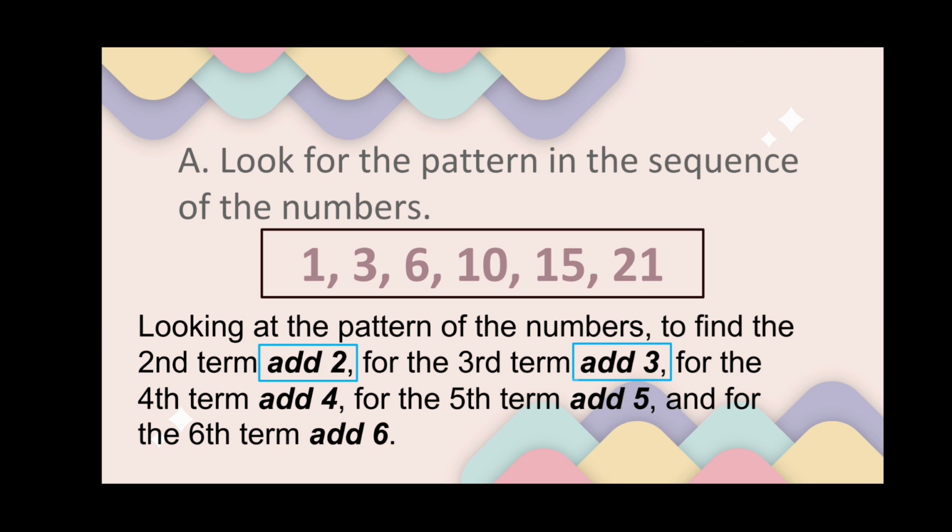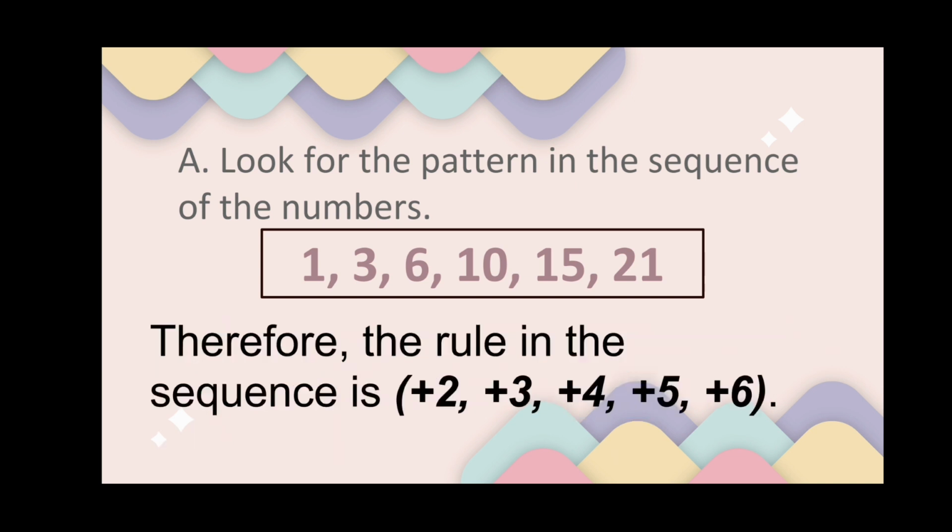For the fourth term, add 4. For the fifth term, add 5. And for the sixth term, add 6. Therefore, the rule in the sequence is plus 2, plus 3, plus 4, plus 5, and plus 6.